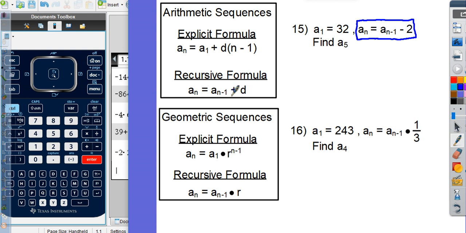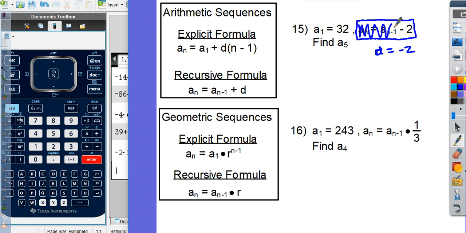This is what tells us everything. And so when I see minus 2, that's got to be arithmetic, because we're adding and subtracting with arithmetic. You can see down here that this is multiplication, so that's going to be geometric. Okay? But the main thing I need from this right here is that D is equal to, almost did R there, didn't I? D is equal to negative 2.